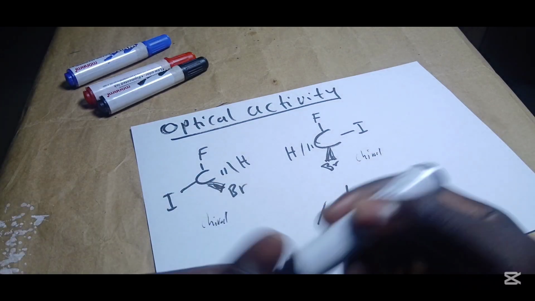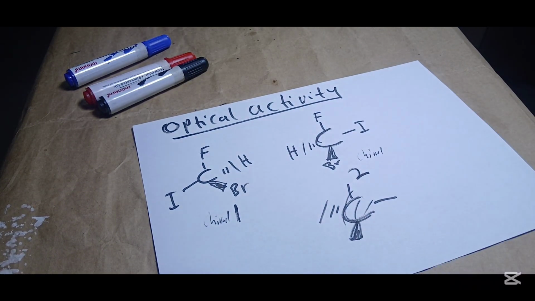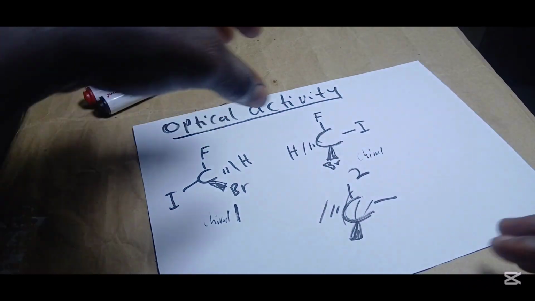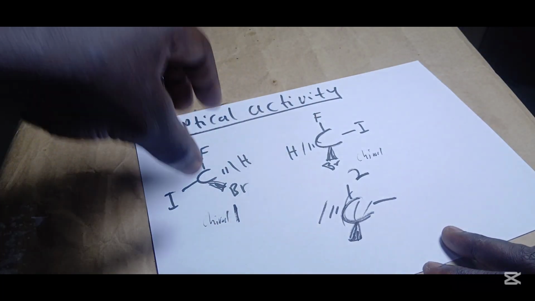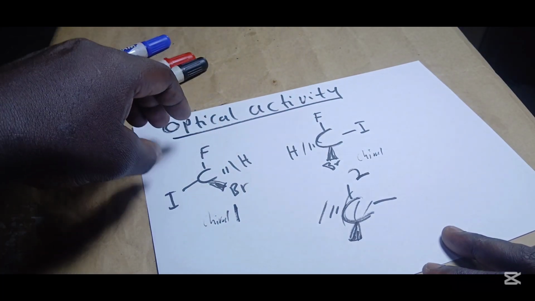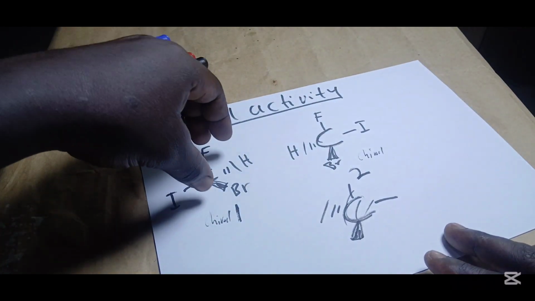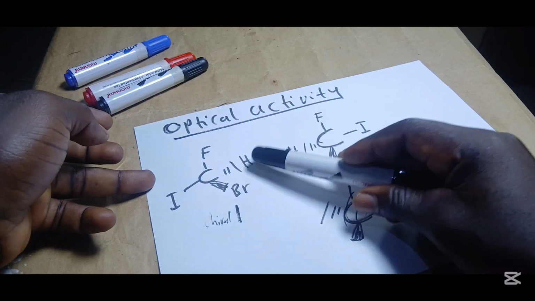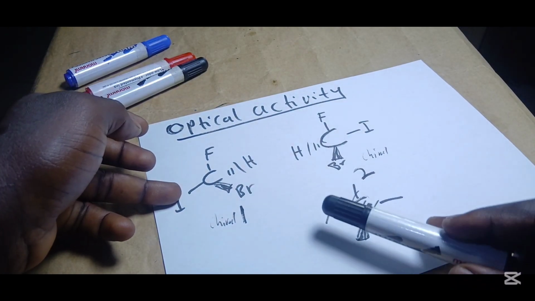So looking at molecule 1 and molecule 2 here, if you take this molecule, raise it up and put it on this, will all the atoms match? Fluorine will match to fluorine, iodine will match to hydrogen, hydrogen will match to iodine, bromine will match to bromine.